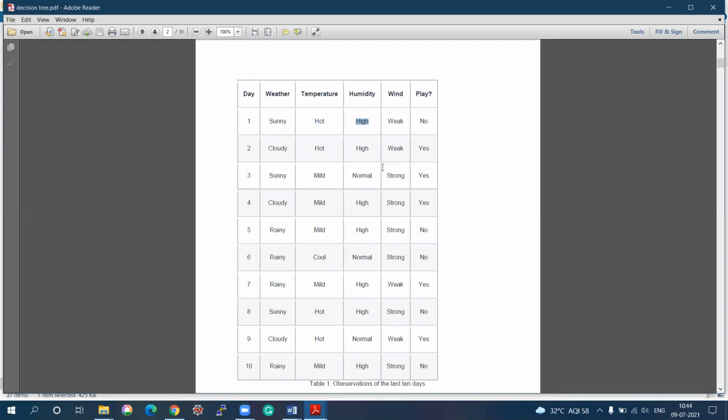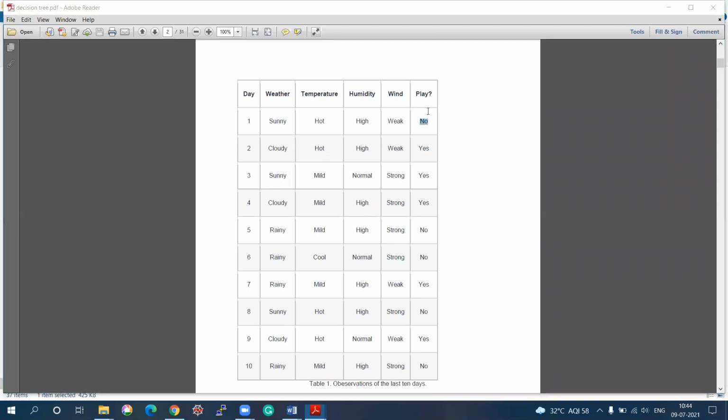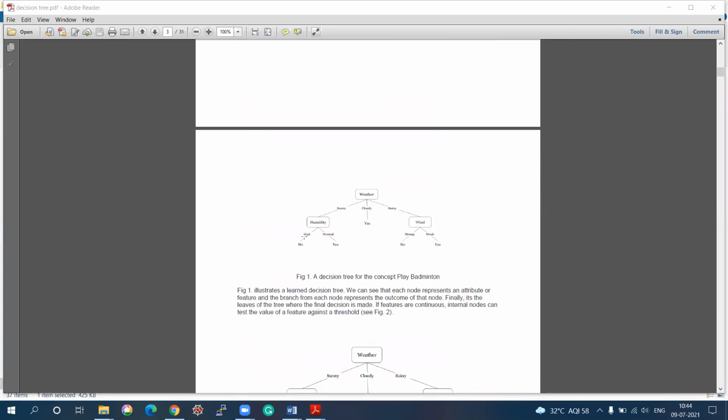Based on these values, we have to split our data set based on how many positive classifications or positive values we are getting. That is, how many times it is saying the play will occur and how many times it is saying the play will not occur. The split we have to find out perfectly. So that was our problem.